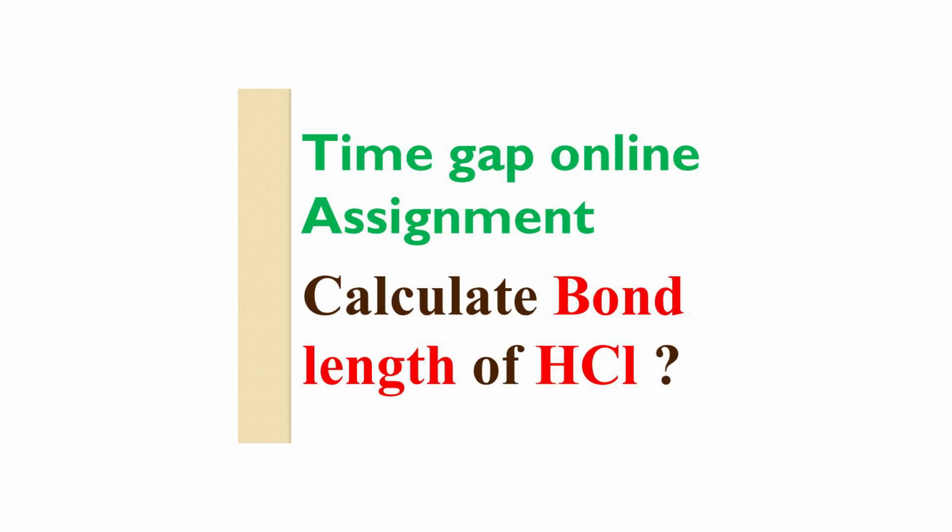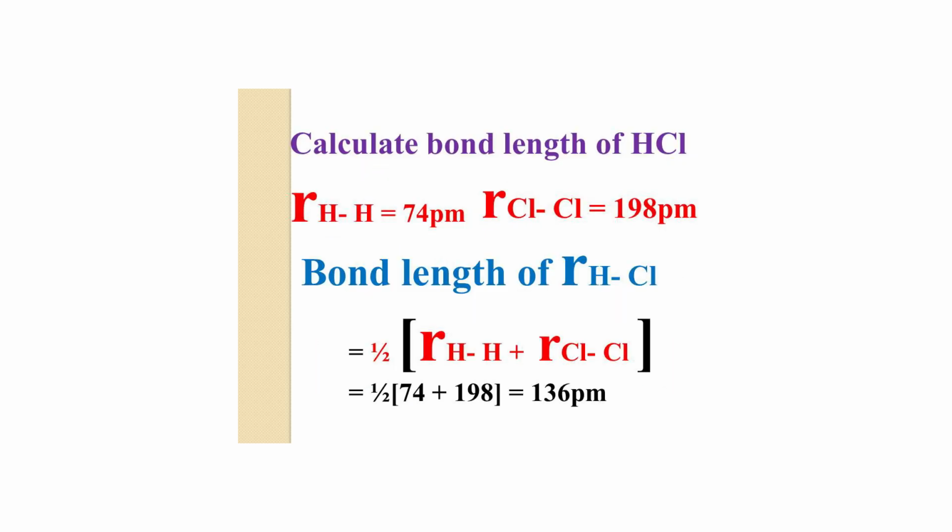Then students, we can do an assignment. Calculate the bond length of HCl. The given data, the bond length of H-H is 74 pm, the bond length of Cl-Cl is 198 pm.